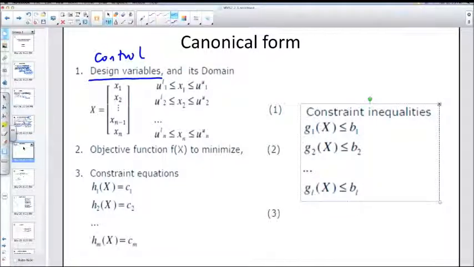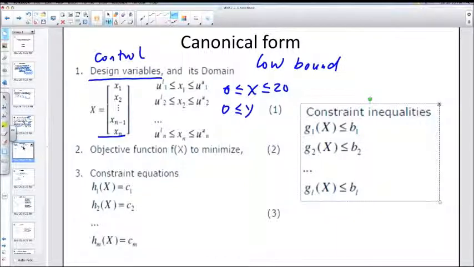And each variable has an upper limit and a lower limit. For example, the lower limit typically is bigger than 0. In an application, rarely will you find them negative. The upper limit could be the speed, or less than 20 feet per second, something like that. So you get the design variables. The variable has a lower bound.